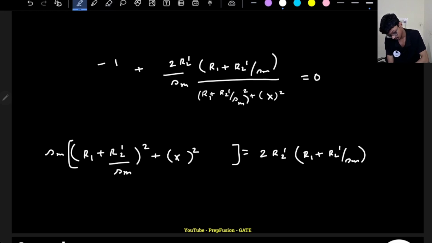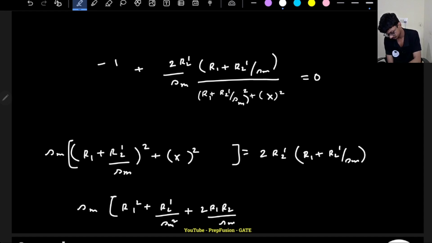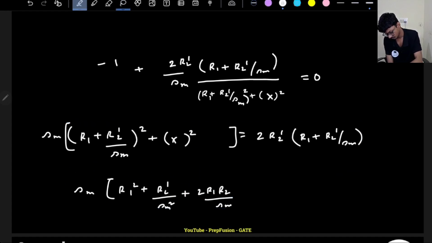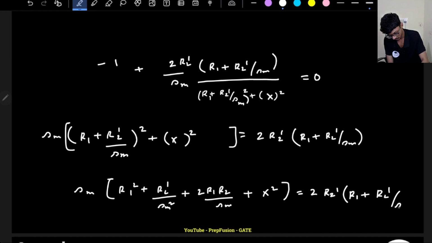If I square this, so this is sm into r1 whole square plus r2 dash divided by sm whole square plus 2 r1 r2 divided by sm plus x whole square equals to 2 r2 dash divided by r1 plus r2 divided by sm.